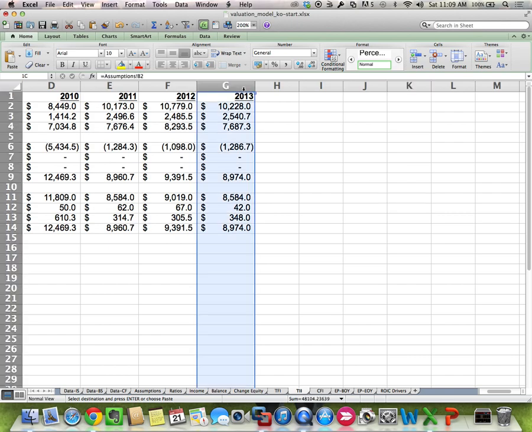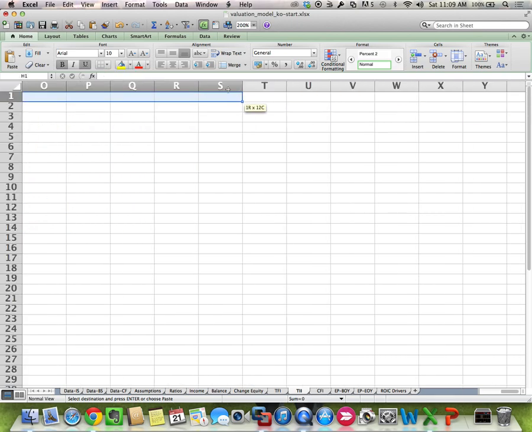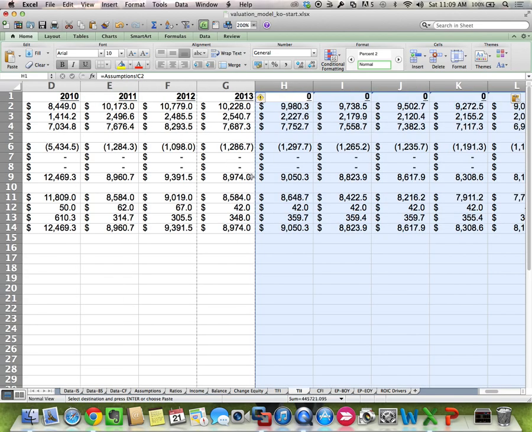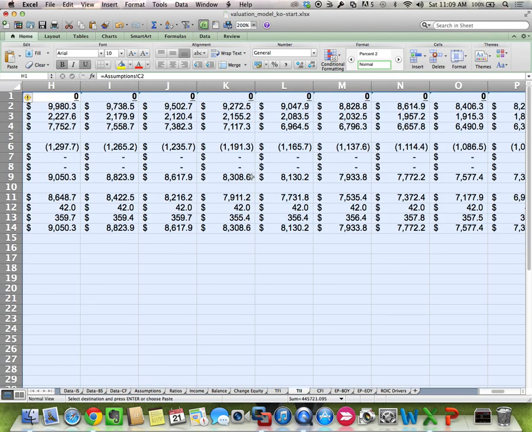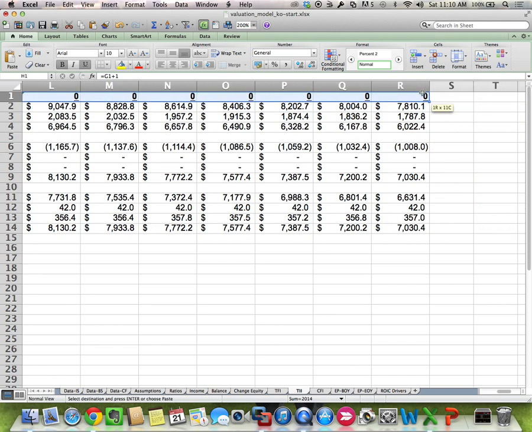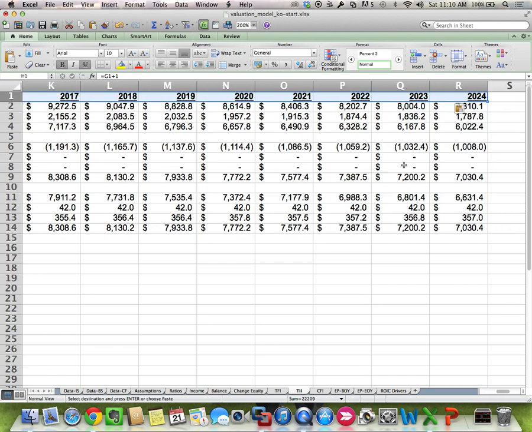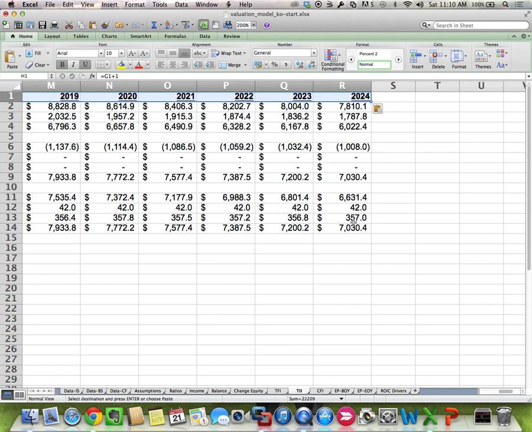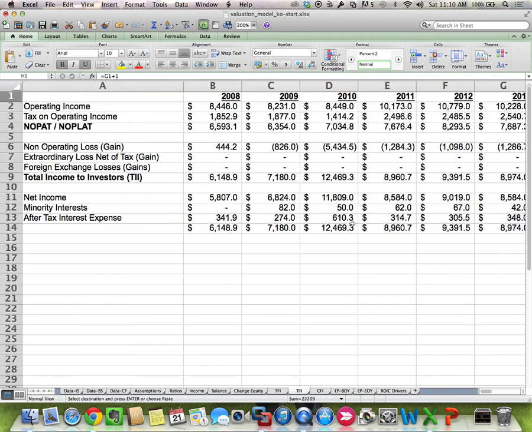I take column 2013, I copy it, and I paste it out to 2024. And then I have to change the years, relative year equal previous year plus 1. But when I do so, I now have forecasted TII, which balances through 2024 because it's coming from the forecasted income statements.